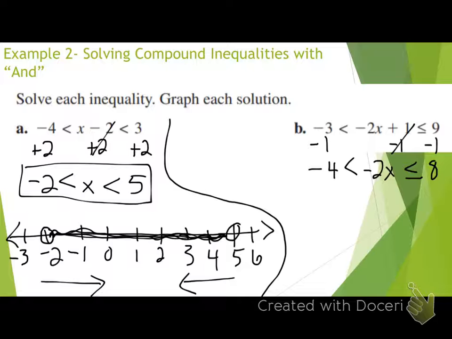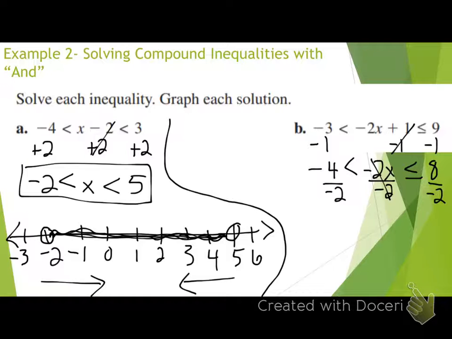We okay with that first step? Am I moving too fast for anybody? I can slow down if I need to. Okay, what's my next step to get x by itself? Divide by negative 2. X is being multiplied by negative 2, so I'm going to divide by it to cancel it out. Divide by negative 2 on the left and on the right.